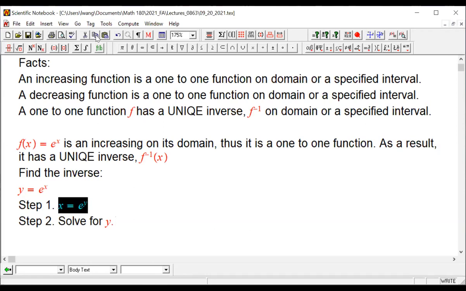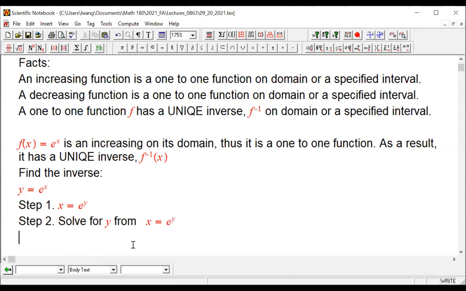So from f of x equals, this is x, solving this leads us to what?